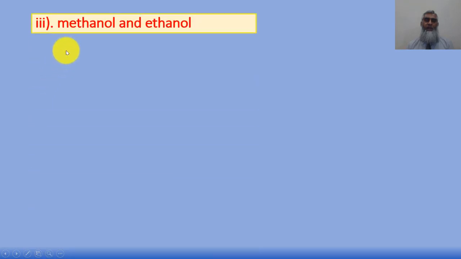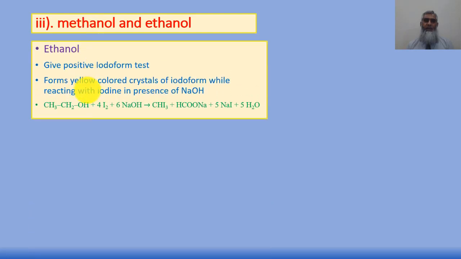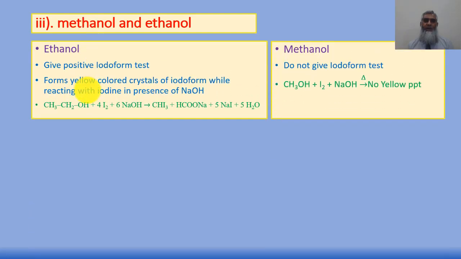Number 3, distinguish between methanol and ethanol. In today's lecture we have discussed in detail that methanol and ethanol can be identified by the iodoform test. Ethanol gives a positive iodoform test.